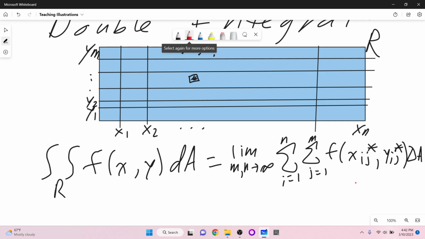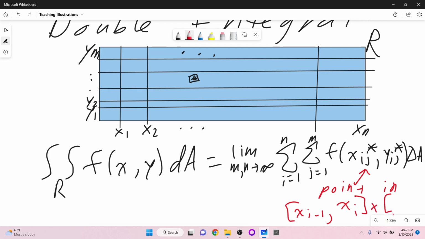So we say this is a point in the rectangle [x_{i-1}, x_i] cross [y_{j-1}, y_j]. Now in a real analysis or measure theory course, they'd be really picky about making sure you keep track of which i and which j is what. And we're not too picky about that in this class. The reason being because we're not often going to do this by just this brute force calculation method.